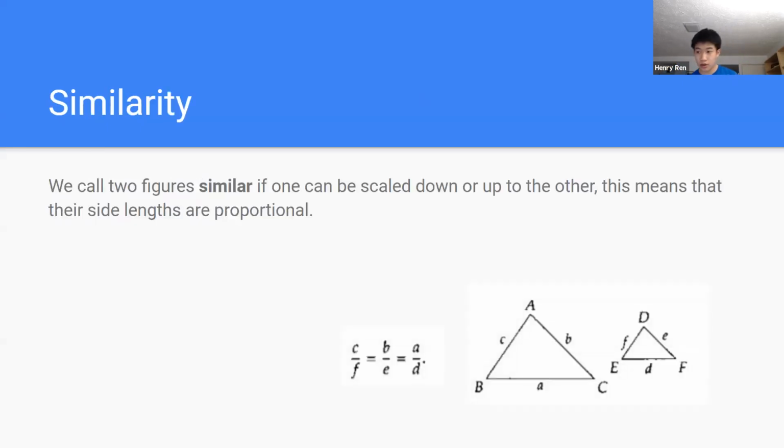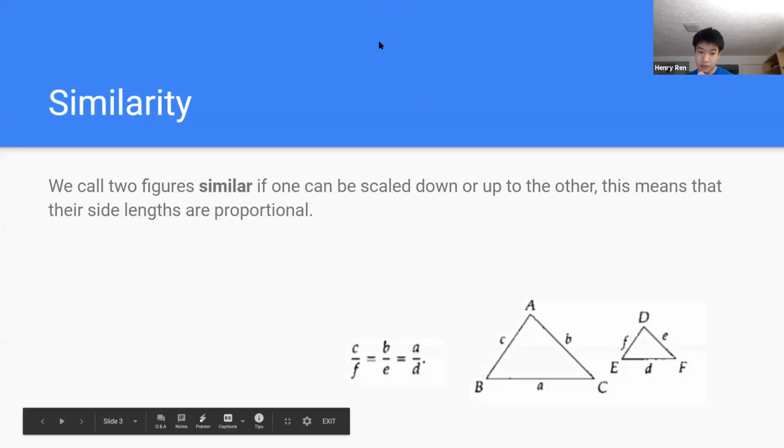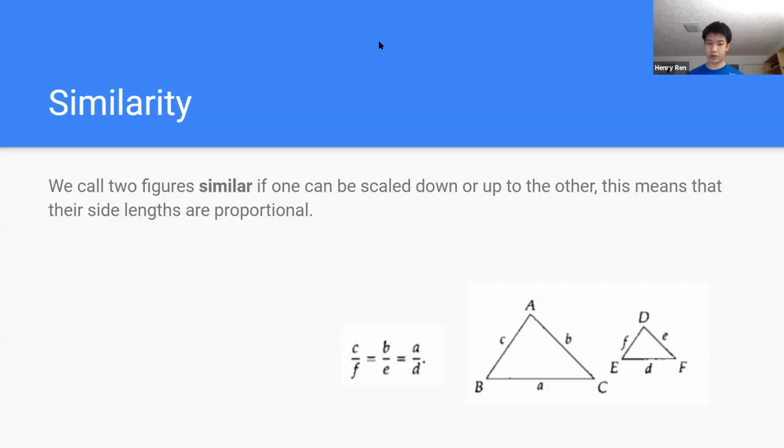All right, similar. I'm sure many of you already know this. Similarity is just having 2 or more figures. Sorry, 2 or more figures are similar if one can be scaled down or up to the other.